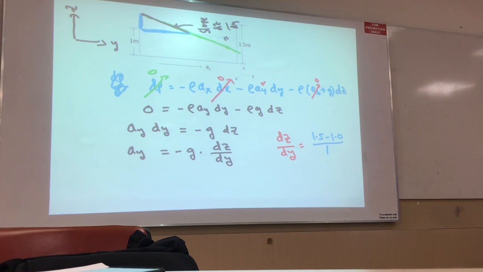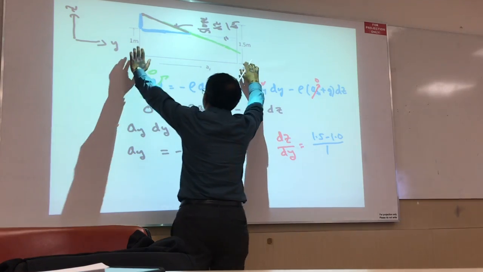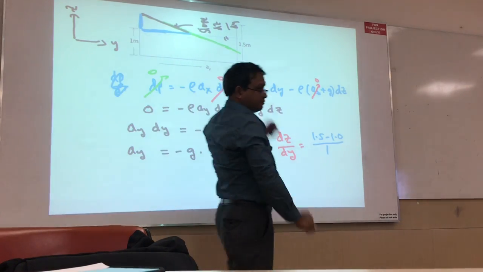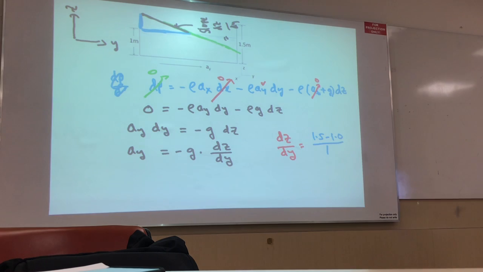They tell me from here to here the distance is 2 meter, so definitely 1 meter. Done. So is the slope positive or negative? Negative. It's going down. So the slope should be negative. So I should put a negative number here. Okay? So the value is minus 0.5.